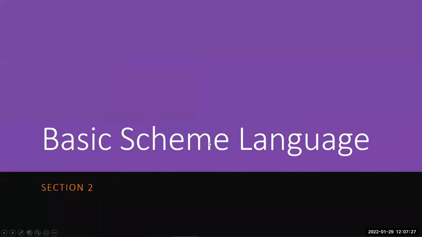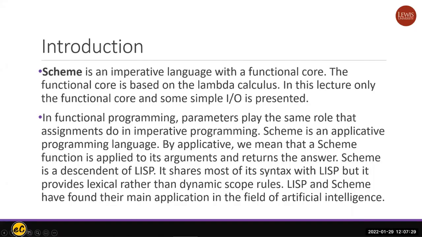Basic Scheme language. Scheme is an imperative language with a functional core. The functional core is based on lambda calculus. In this lecture, only the functional core and simple I/O will be presented. In functional programming, parameters play the same role that assignments do in imperative programming. Scheme is an applicative programming language.